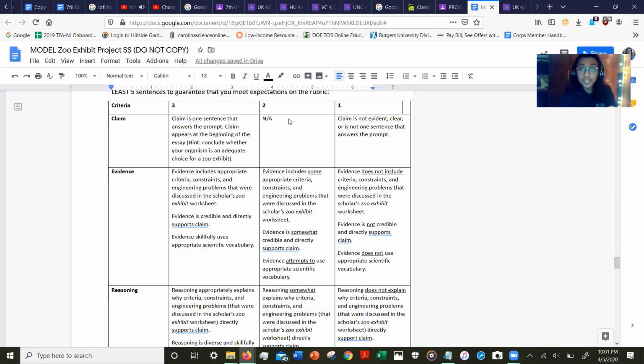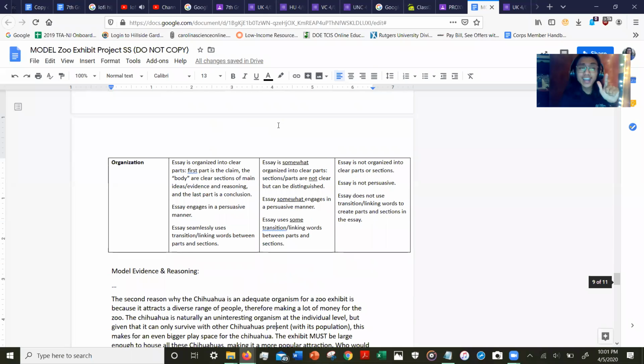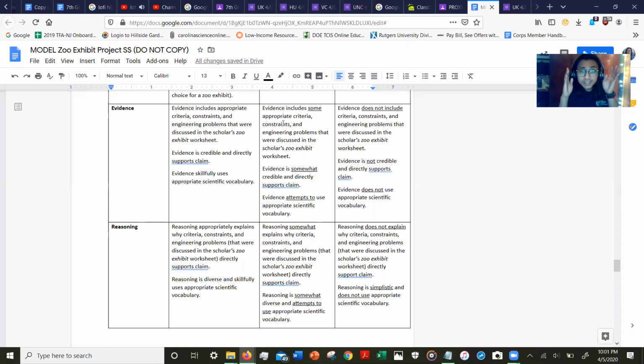This is the meat and bulk of your grade: evidence, reasoning, and organization. Your evidence is simply identifying what's there. What's the data, the research that you collected? This is your criteria. This is your constraints. This is the engineering problems that you discuss. This is everything that is relevant to your claim.